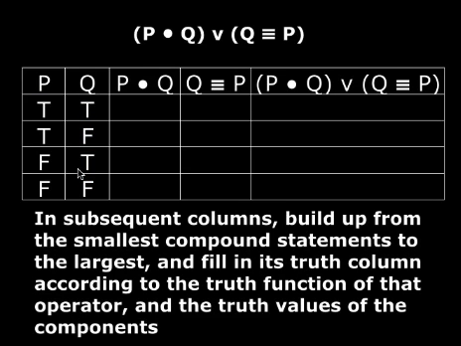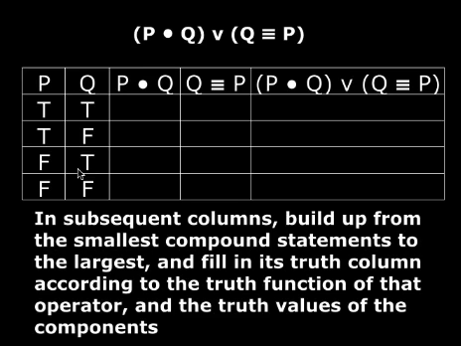Okay, so now we've got the truth columns for the atomic statements. Now we're going to get all the compound statements going. In subsequent columns, I'm going to put the compound statements, building up from the smallest to the largest, or more appropriately, starting with the ones whose only components are atomic, and then slowly building up to the statements whose components are compound, until you get to the biggest statement, the one we're doing the truth table for.